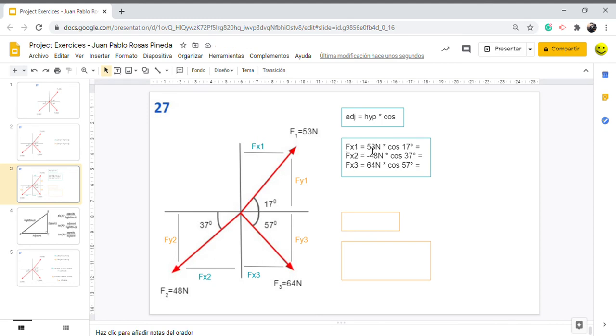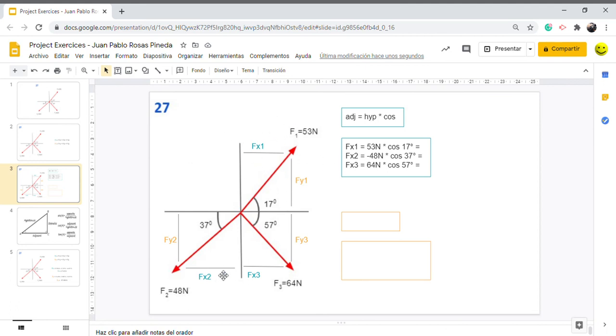So fx1 is going to be equal to 53 newtons, which is this hypotenuse, times the cosine of 17. In case of fx2, it's going to be the hypotenuse, that is minus 48 newtons. Now, you have to be careful with this. It's minus because in a Cartesian plane, remember that in the x-axis, the left side is negative and the right side is positive.